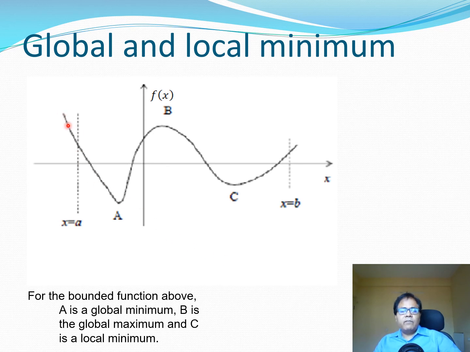For example, I have plotted this general function f of x with respect to x, and you clearly see that there are two possible minimum points here, A and C, and here C would be a local minimum because if your optimization procedure is somewhere here in the vicinity of this point, it's probably going to think of C as the local minimum point. But if you have a situation where you can search the entire design space here, then A would come out as the global minimum point.